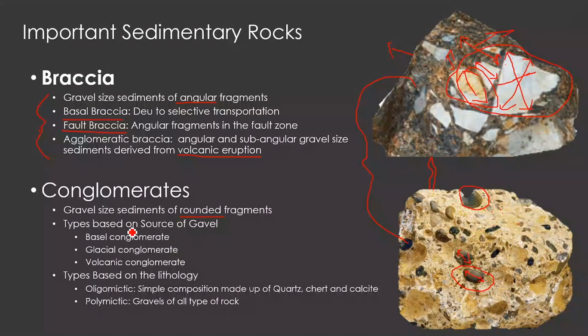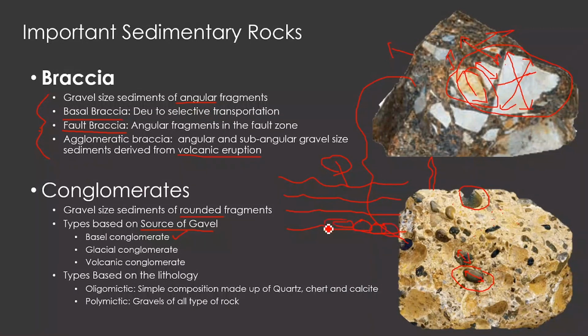Similarly, if we talk about conglomerate, there are different varieties based on the source of the gravels. There is basal conglomerate, which forms the base part of any deposit. For example, if you see a surface with a number of layers of sediments, at the bottom of the layers we get the conglomerate.